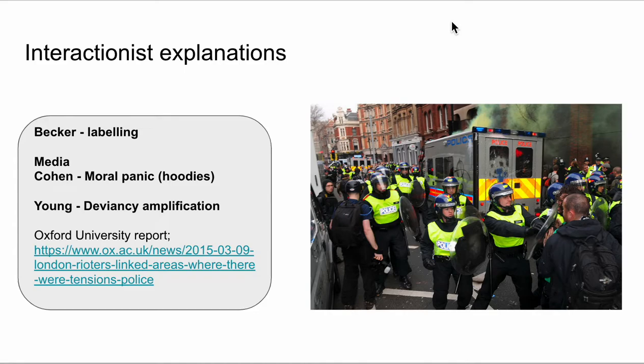Young's deviancy amplification, this idea that the media maybe made things worse. The media reporting of the riots meant more people got involved. Obviously, Young originally was talking about hippies in Notting Hill in the 1960s and 70s, but it can be applied to the rioters as well, I think.